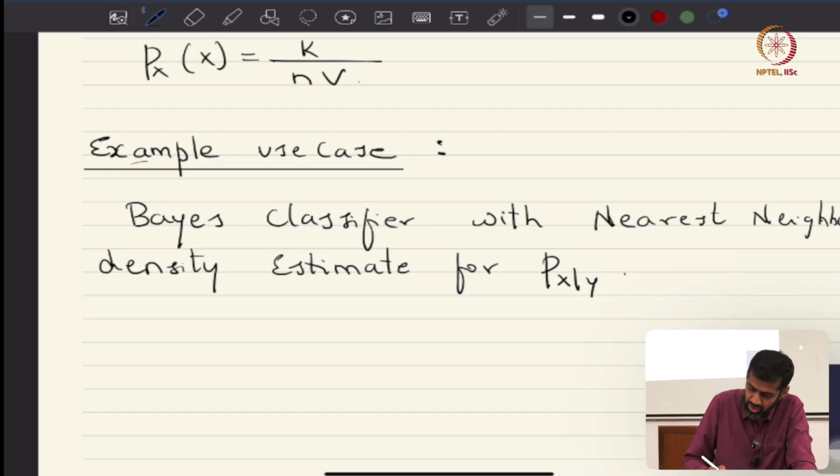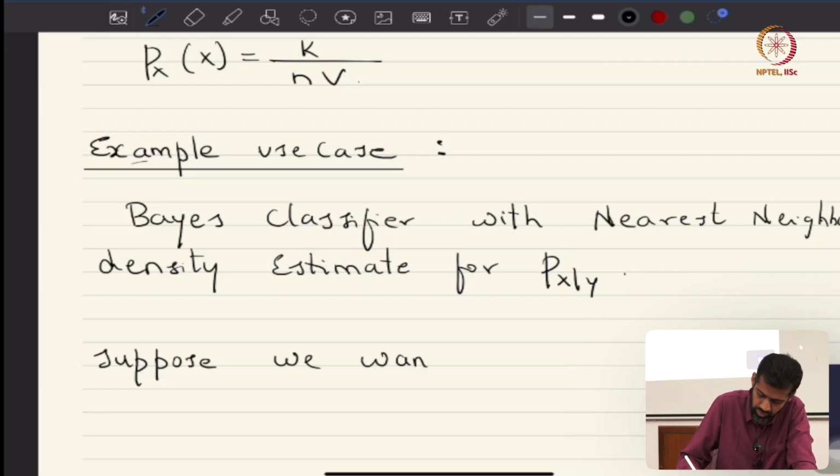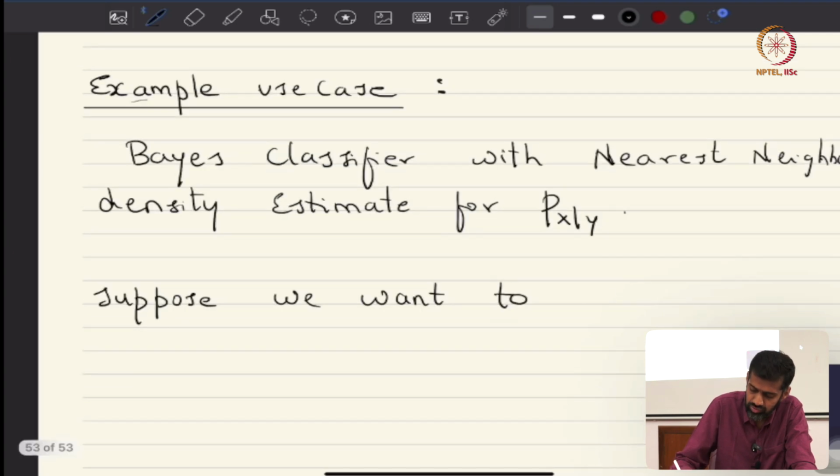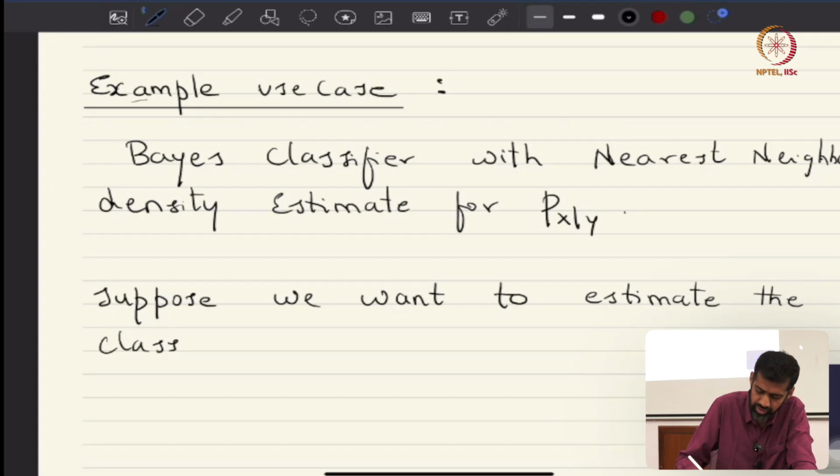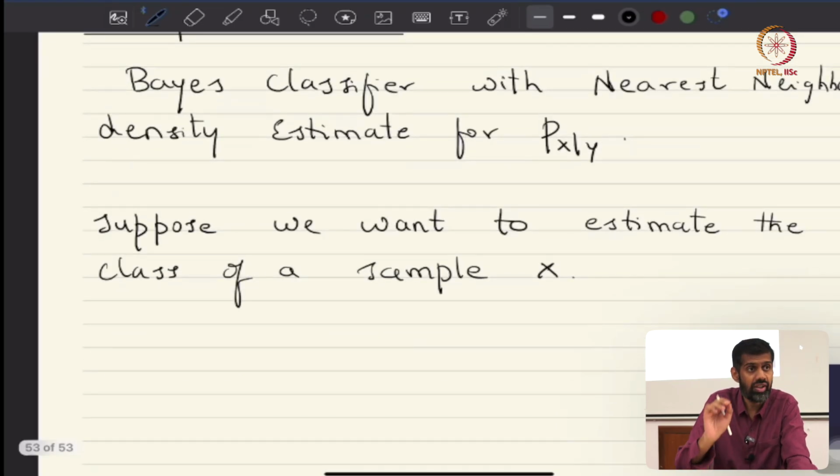Now suppose we want to estimate the class of a sample X. We are given a sample X. What we want to do is estimate the class corresponding to that particular sample.